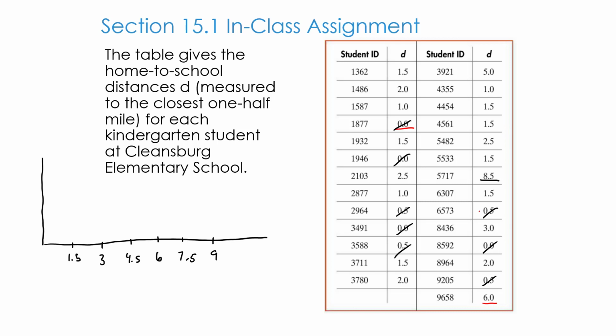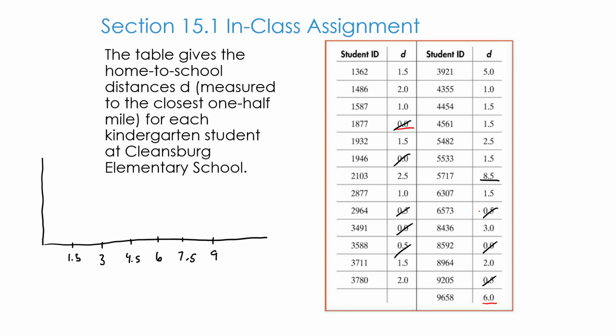And then we have ones. 1, 2, 3. We have 3 ones, so that's 11. And then 1.5s. We have 7 1.5s, so we have 18.